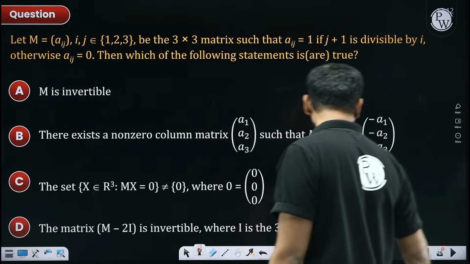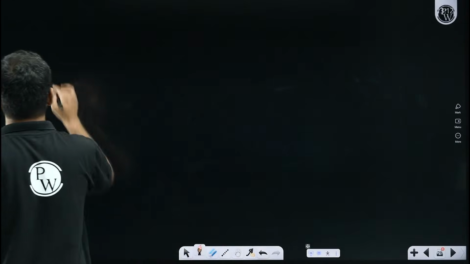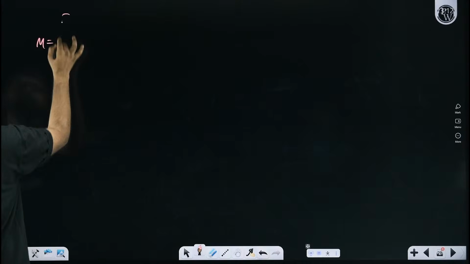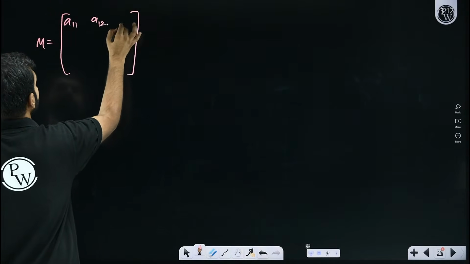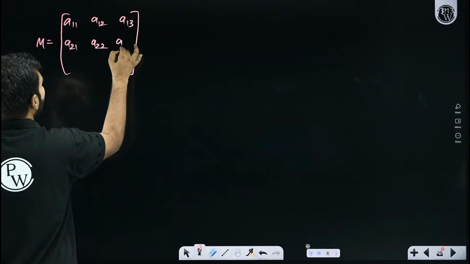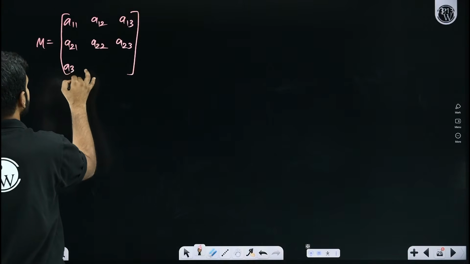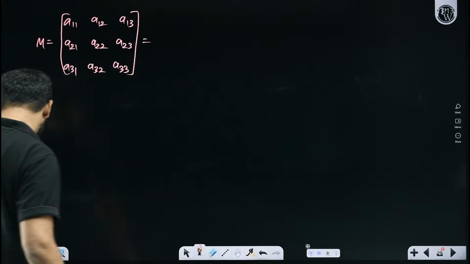Let me try and define this M here. I hope you're understanding the elements of M are A11, A12, A13. Then you have A21, A22, A23. Then you have A31, A32, and A33. Everybody getting this? But let's check its definition.